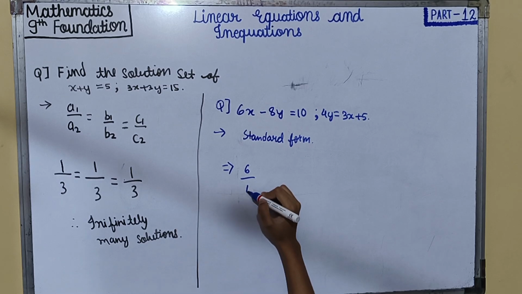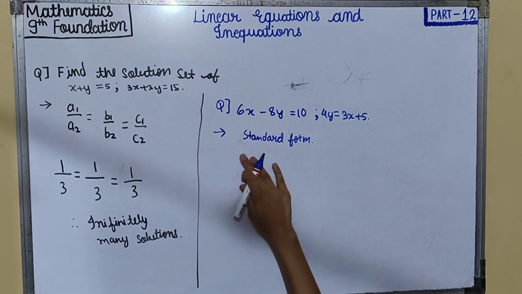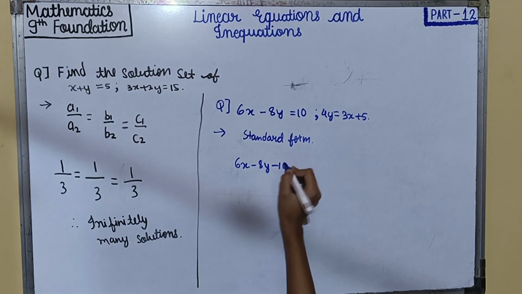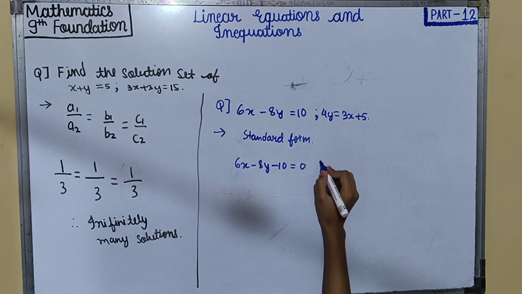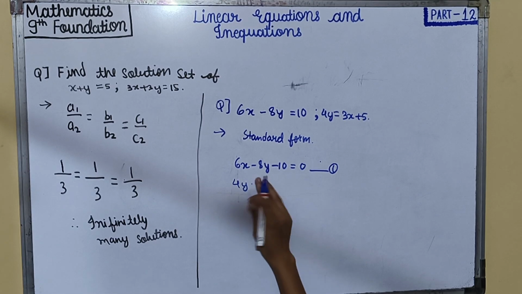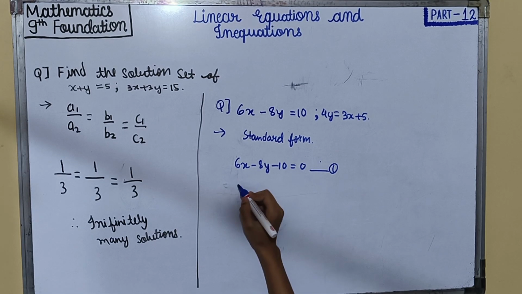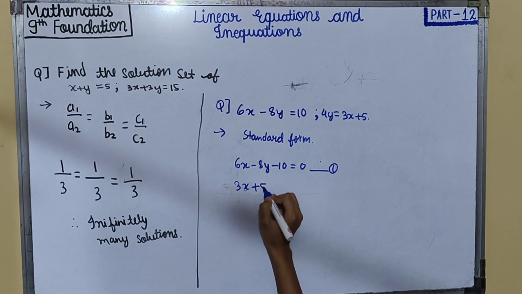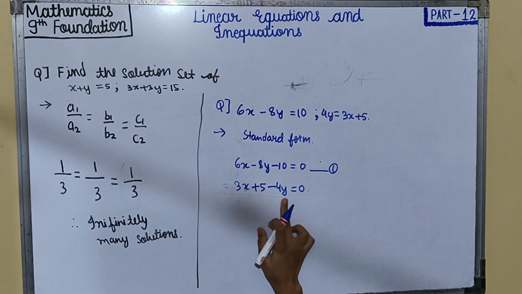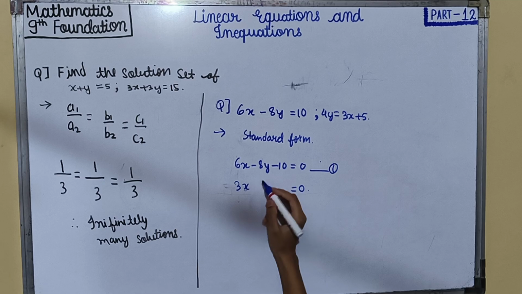Now first we'll make them in standard form. 6x minus 8y minus 10 is equal to 0, first equation. Then 3x plus 5 minus 4y is equal to 0. We have to write this in standard form.